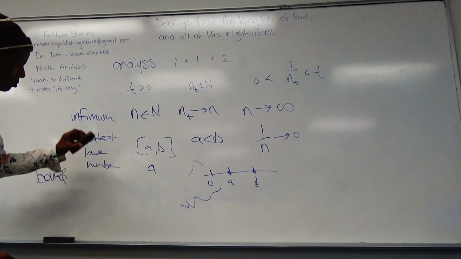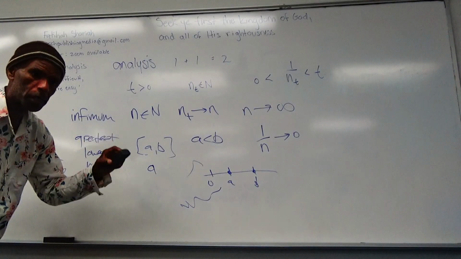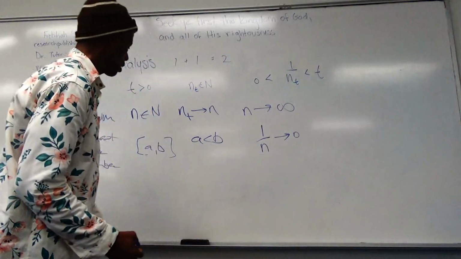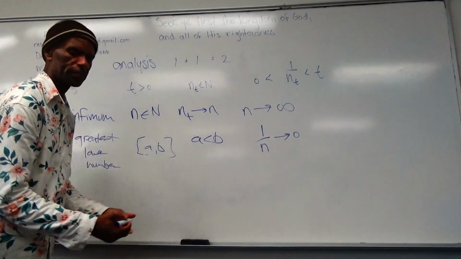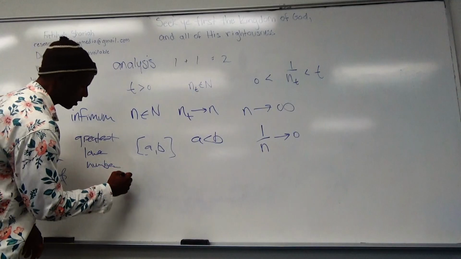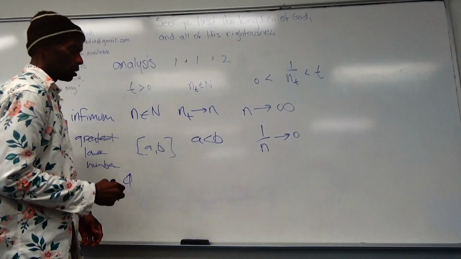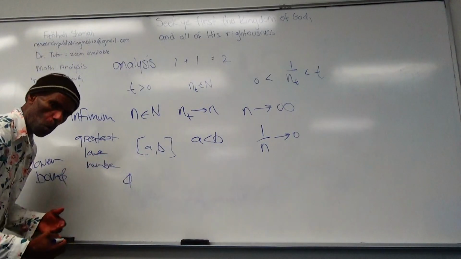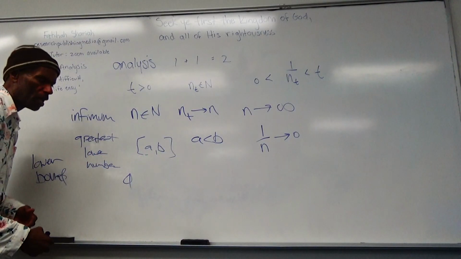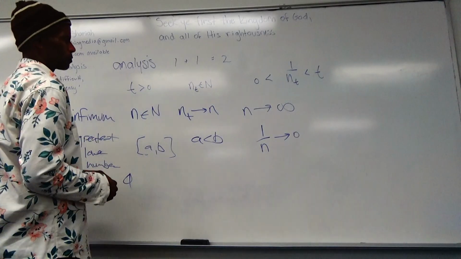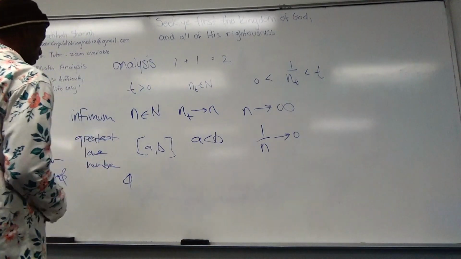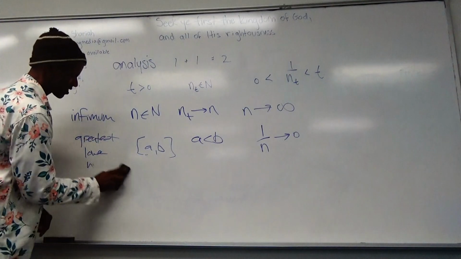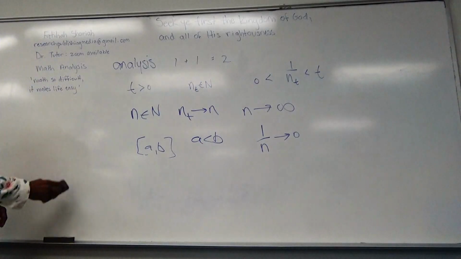We're talking about the greatest lower number, which in the set is A. You have a number right after A, but that's not the greatest lower number from the lower bound. I've got to explain that too, right? That's a lot of explaining, but we're making progress.